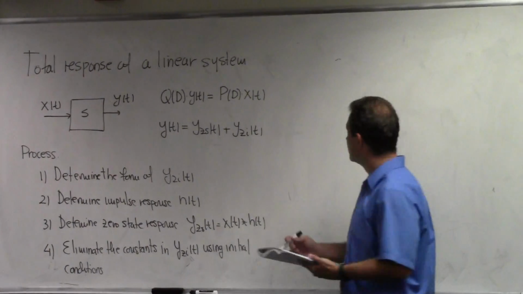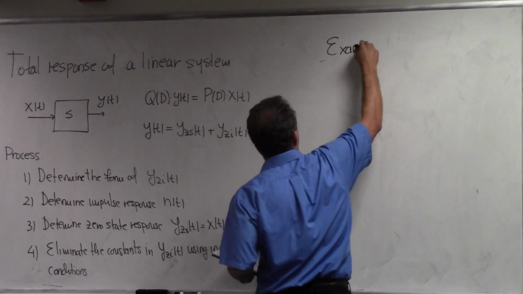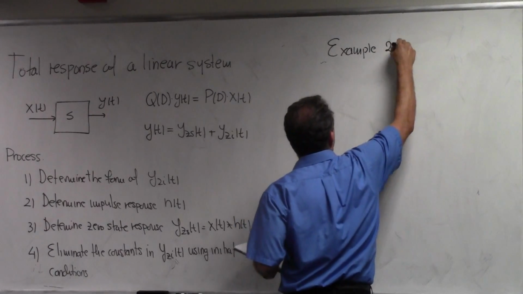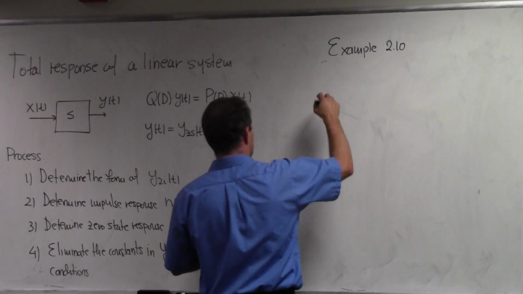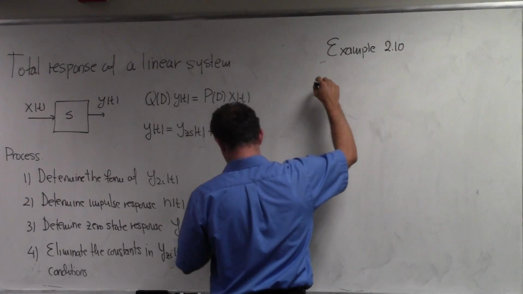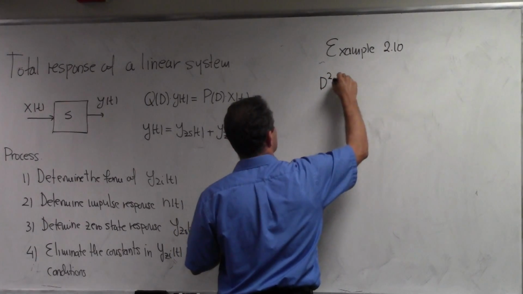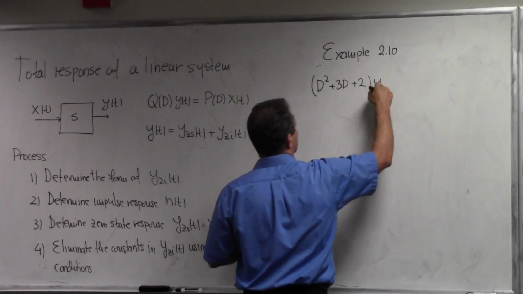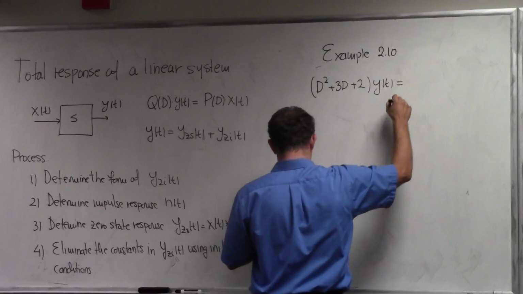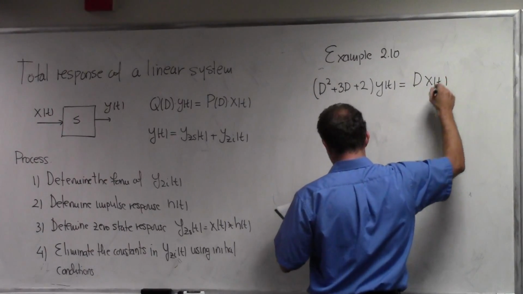So let me work an example. This is example 2.10 in your book, and we are considering the following system: (D squared plus 3D plus 2) operating on y of t is the same as D x of t.